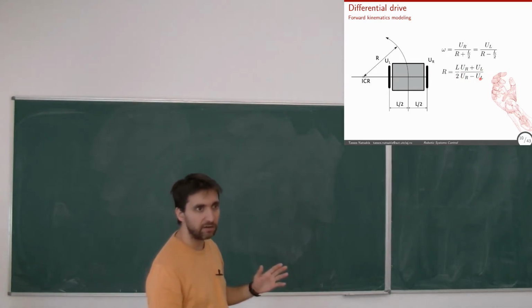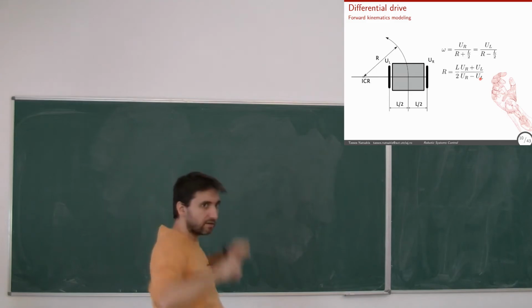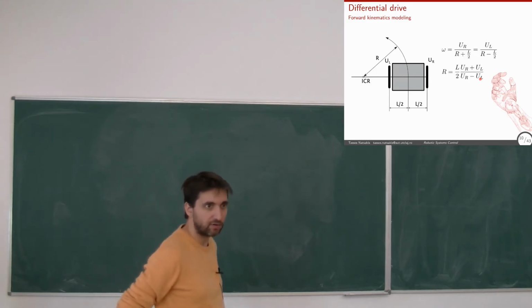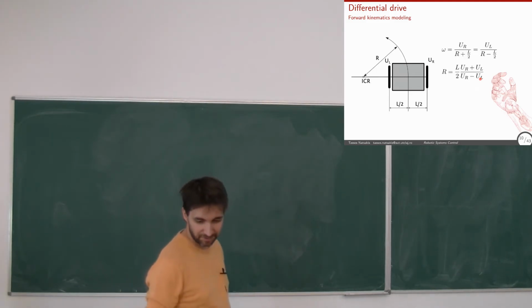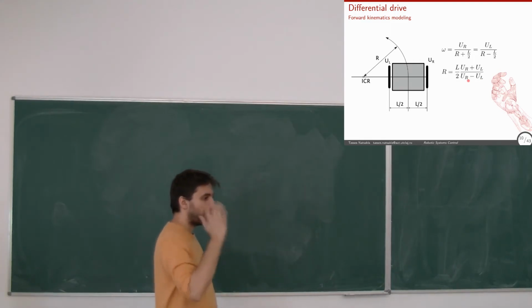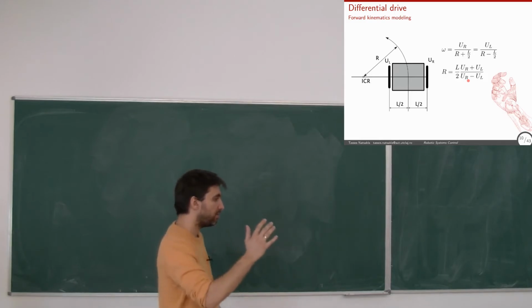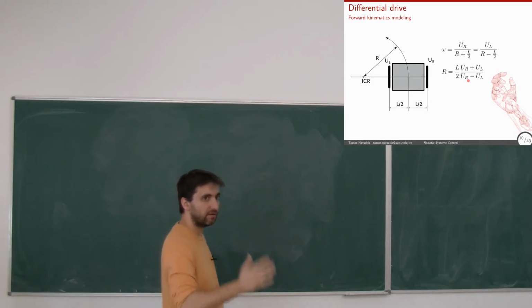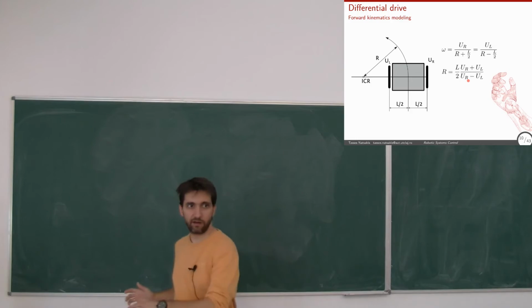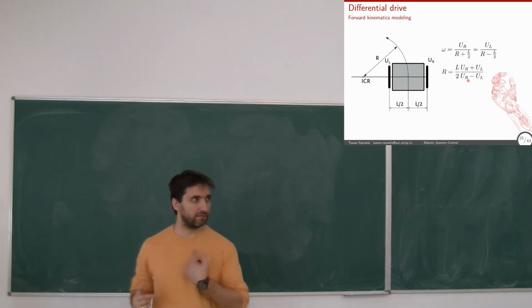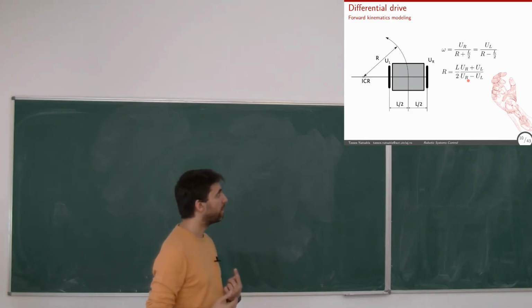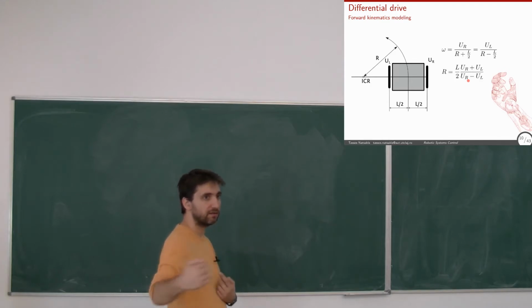I get a 0 here, so I go to infinity. Right? Left or right? Yes. What happens if one wheel is pushing forward and the other backward with the same amount? Rotate around the center of the robot. Where is R?